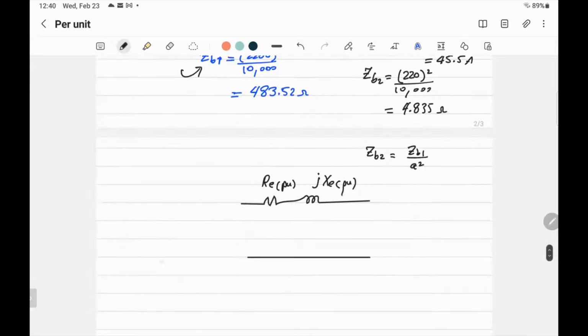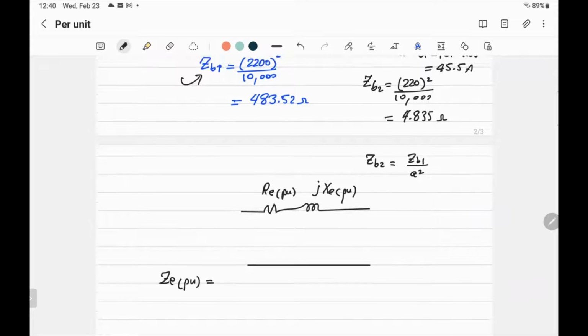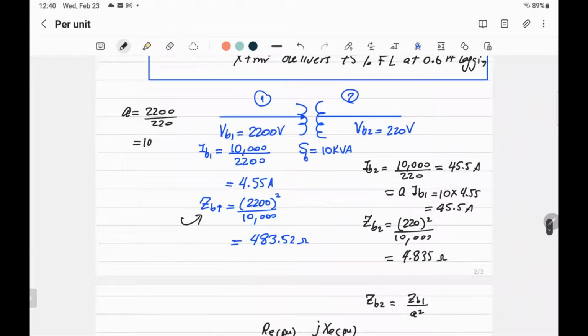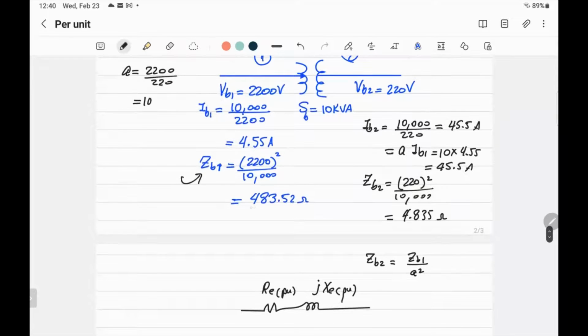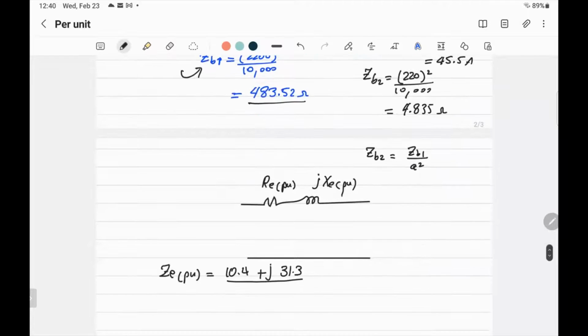So I will say Z equivalent, I'm not going to write 1 or 2, per unit equal to 10.4 plus J31.3 divided by ZB1, we already got it, 483.52. And I divided each term, 10.4 divided by this number, 31.3 over this number.